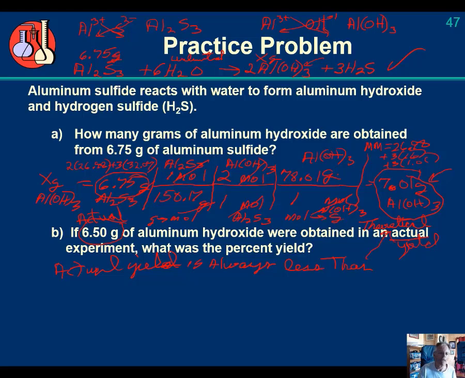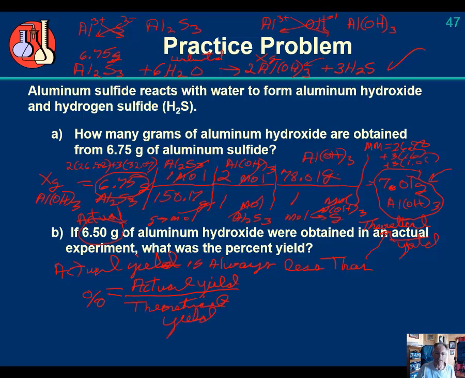Okay? So what we want to do is determine, well, how good is my reaction? How far did my reaction go? So what we do is we take that actual yield that I got from the experiment in the lab, and I divide it by what I calculated as my theoretical yield. So theoretical yields are always calculated yields.